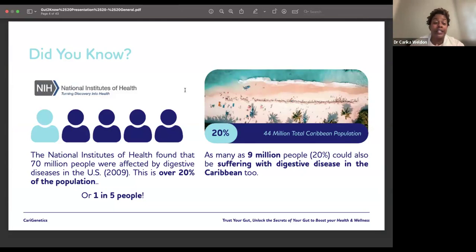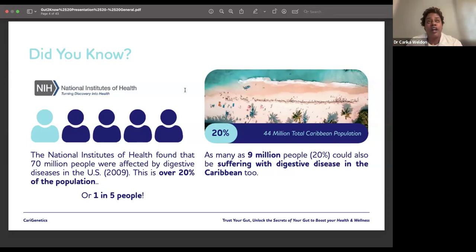That was over 20% of the population, almost 1 in 5 people. If we translate that to the Caribbean, just making that assumption, that's almost 9 million people that could be suffering from digestive diseases out of the 44 million people in our wonderful islands. It is a very big issue.